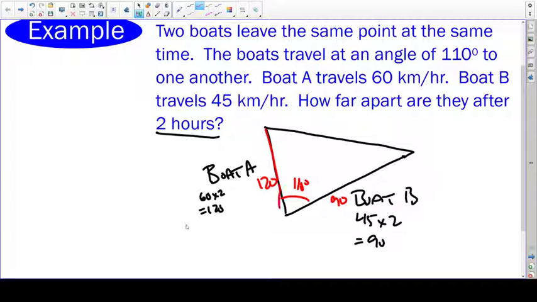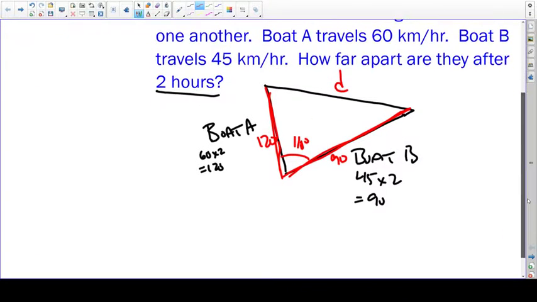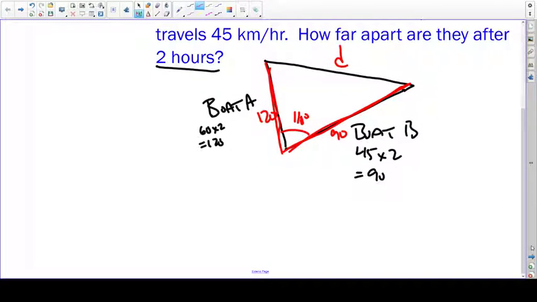So we know that this right here is 120, this right here is 90, and we're looking for this distance right here. So let's figure out whether we would use sine law or cosine law to solve this. Well, here's what we know. We have two sides and their contained angle.